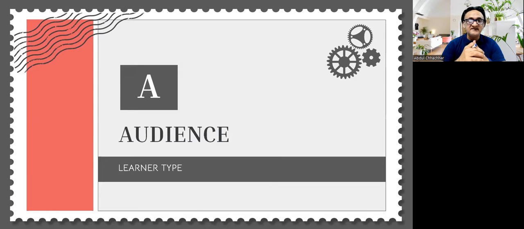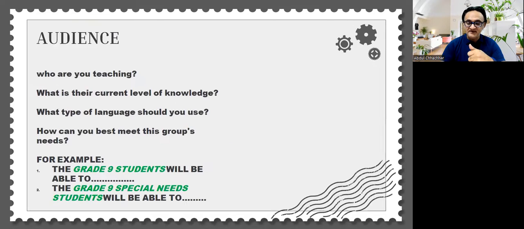Audience represents the learner type. There are certain questions: who are you teaching? When you enter the classroom or design the lesson plan, what type of learner is it, and who is he or she? Is it grade 8, grade 9, grade 7, ECD, higher education, university students? What is their current knowledge?